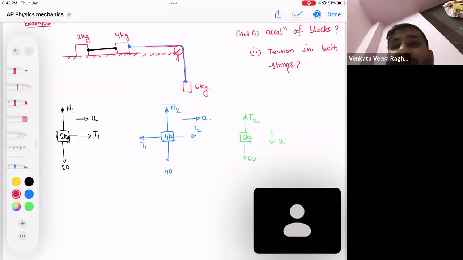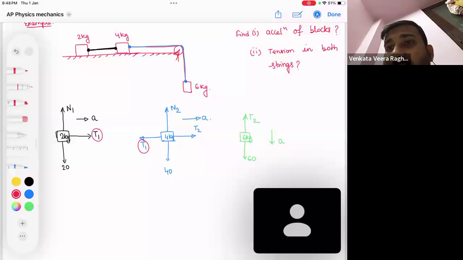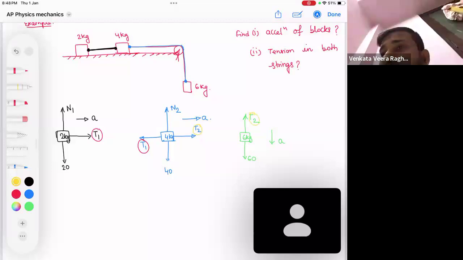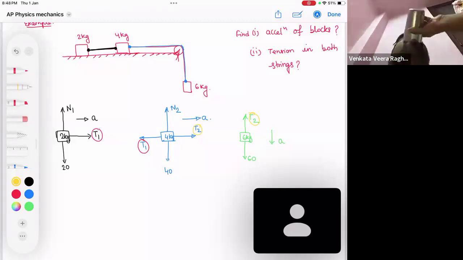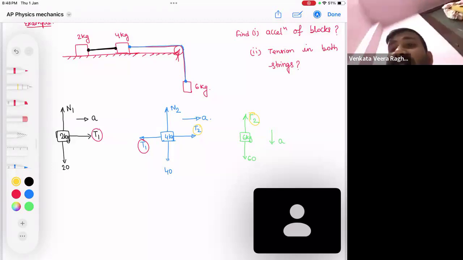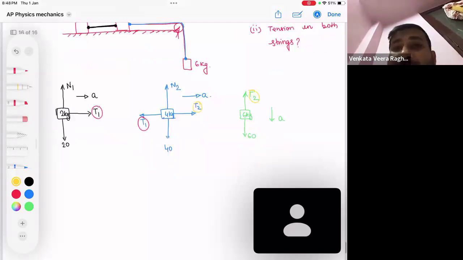If I ask you what are the action-reaction pairs, this T1 and this T1 are action and reaction. Similarly, this T2 and this T2 are what? Action and reaction. So if they ask which of them are action-reaction pairs, we can identify. Now let's write the equations.